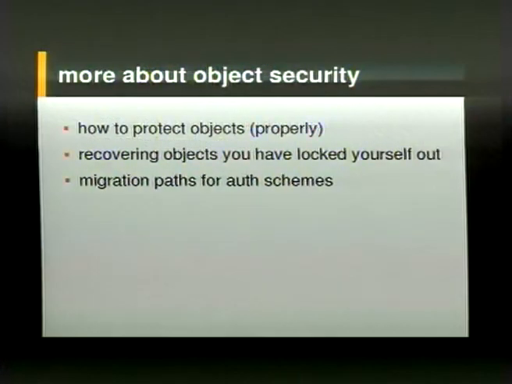We've covered that. Okay, so what happens if you accidentally lock yourself out of your maintainer object, or if the guy who was running that in your company left? There are plenty of reasons to be able to recover it.